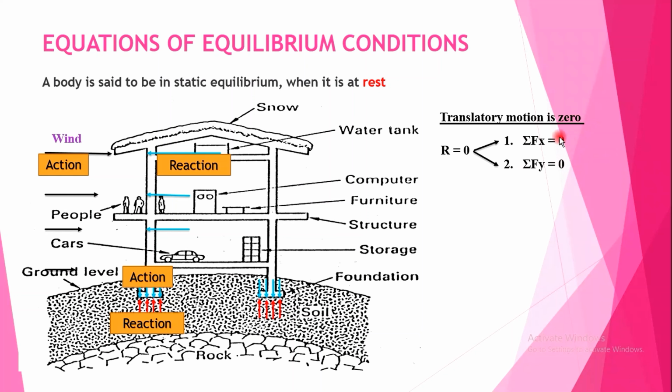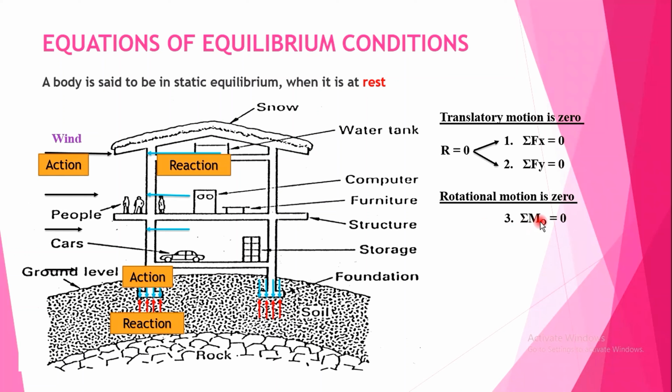Other than these two equations of equilibrium, we have another one, that is rotational motion, means because of this wind the building will not rotate or overturn. So it is in rest condition only, it will not overturn. That is what we call moment. Rotational motion is 0. The condition for that is summation of moment with respect to O is 0. Here O is a reference point.